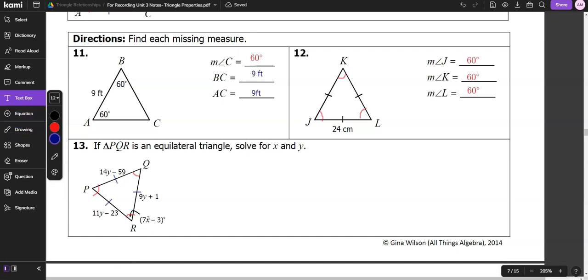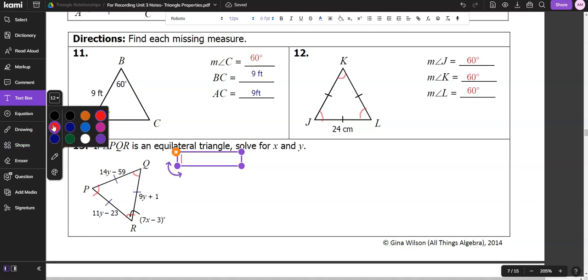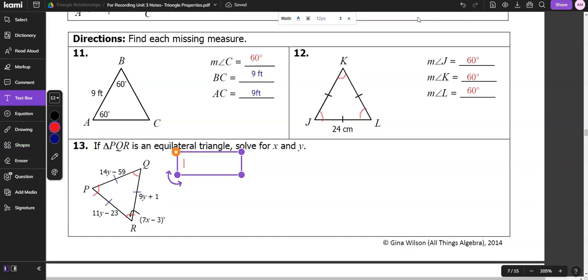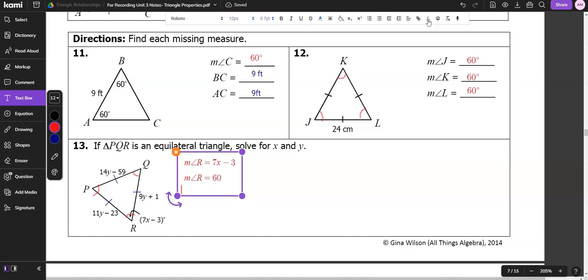So they give me the measure of angle R. I'm going to solve for x first. It doesn't really matter which order I do it in, but the measure of angle R is equal to 7x minus 3. And because this is an equilateral triangle, we also know that the measure of angle R is 60 degrees. So now I can set 60 equal to 7x minus 3.